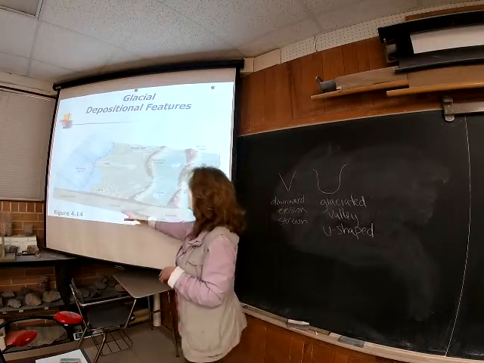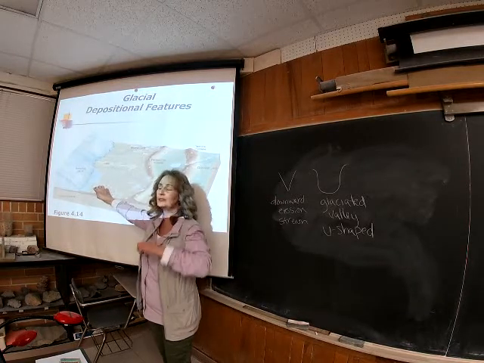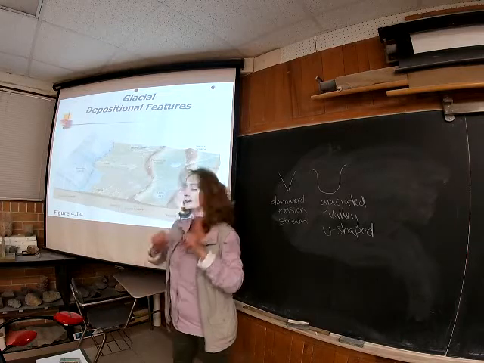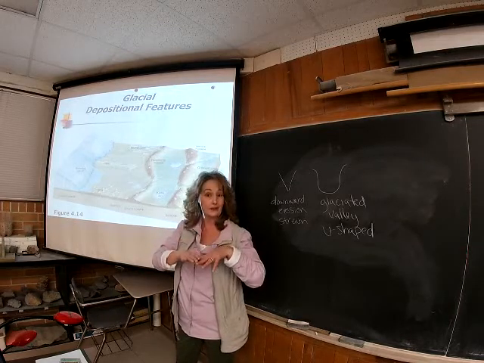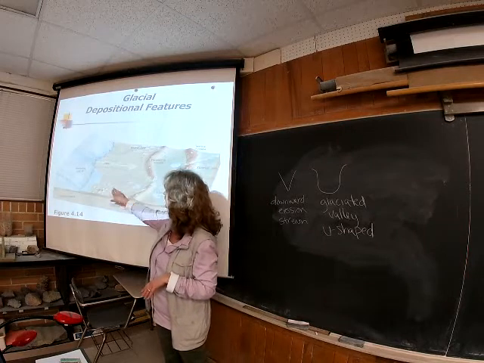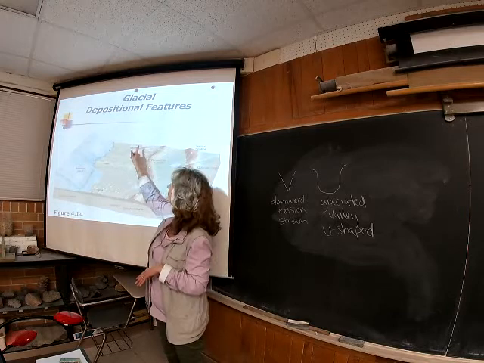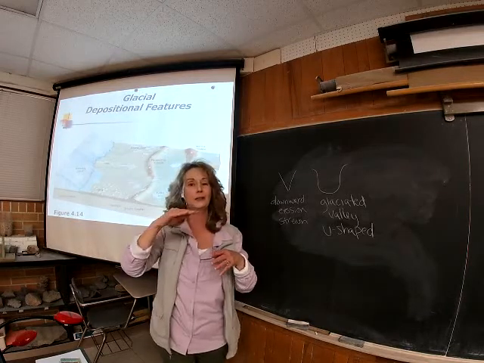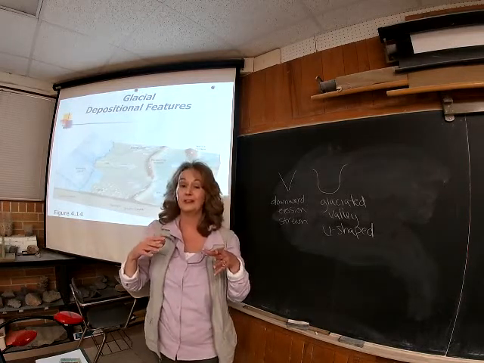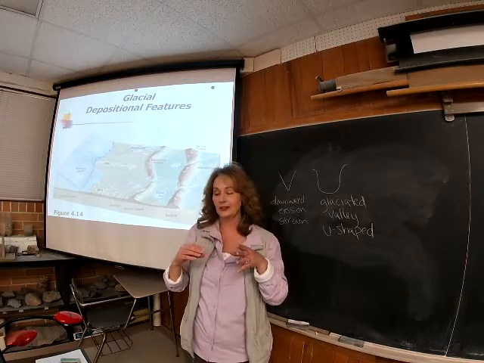Some of these are little kames, little hilltops, little mounds that got left behind, where the sediment dropped out of the bottom of that glacier, and now the glacier has retreated and left these little mounds behind. A drumlin field, these almost look like upside down canoes, and you can really tell the direction that the glacier was moving from the direction of these.